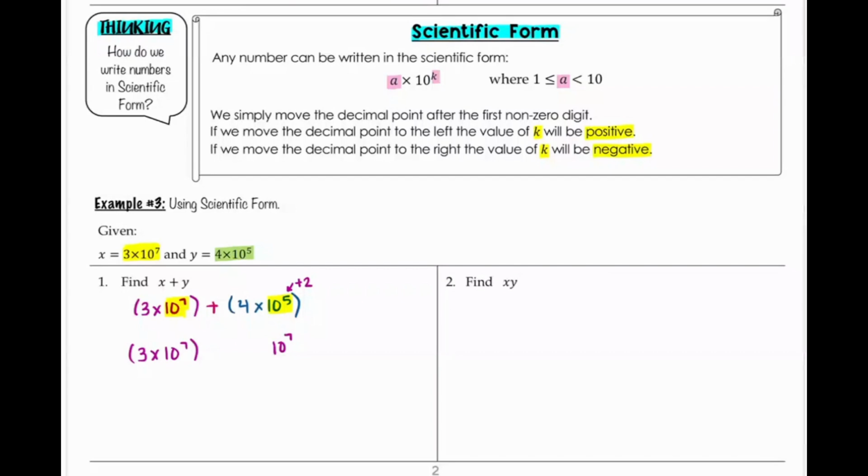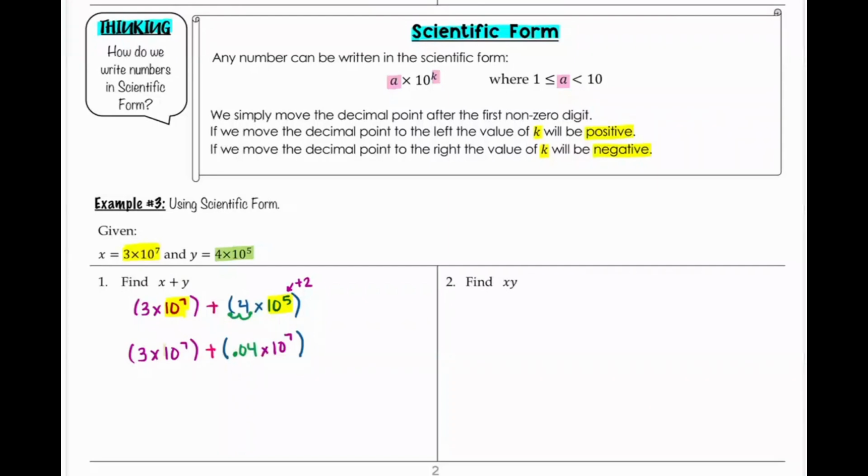We are still adding these things together, but this time the original number of 4, which my decimal point is right behind, since I am increasing my exponent by 2, I am going to need to move this decimal point to the left 2. Why? Because I am not changing the number. I'm just making it look slightly different. So 4 times 10 to the 5th power is equivalent to 0.04 times 10 to the 7th power.